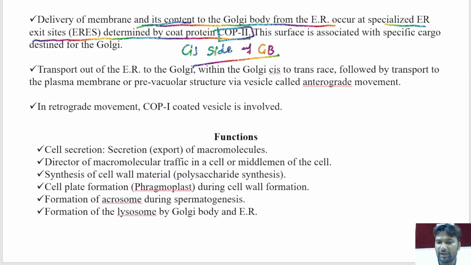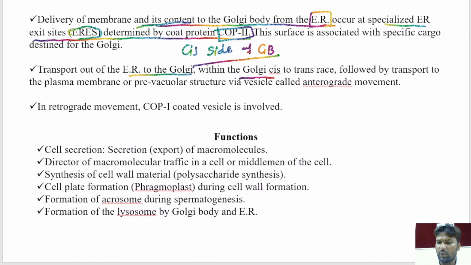And at the endoplasmic reticulum, there is an exit site, which is called the endoplasmic reticulum exit site, where this membrane and its content comes out and is transported out of the endoplasmic reticulum to the Golgi.